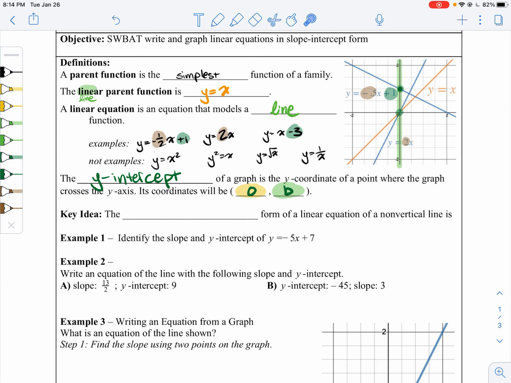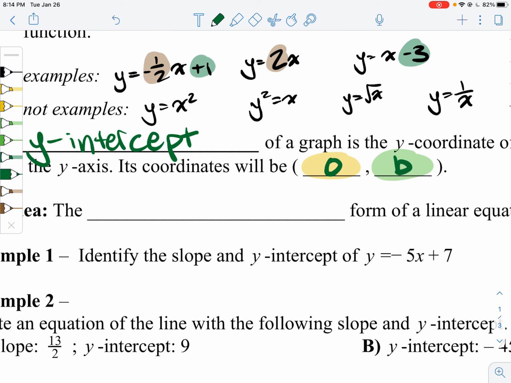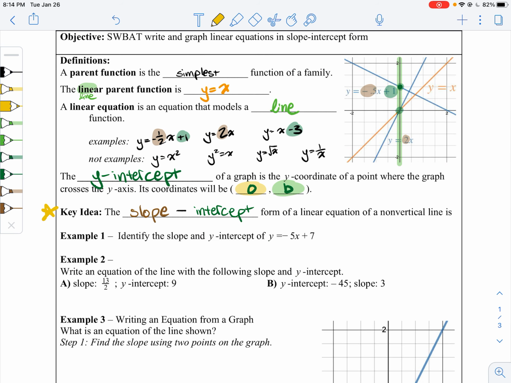Now, we can define a line using the intercept. We need 2 things to define our line. We need the y-intercept, and we need the slope. And that gives us a special form of a line called, wait for it, slope-intercept form. So here's our key idea of the day.